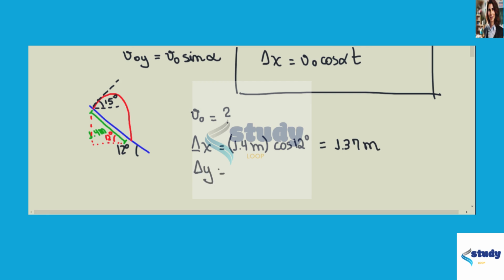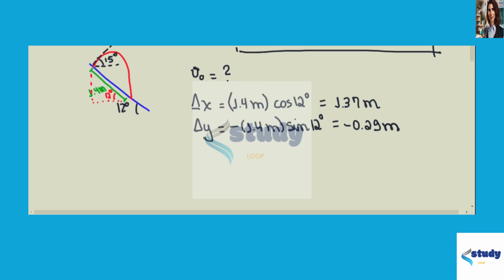Delta y is 1.4 meters, actually minus 1.4 meters since the y direction is pointing upwards in my convention, times sine of 12, and this is equal to minus 0.29 meters.